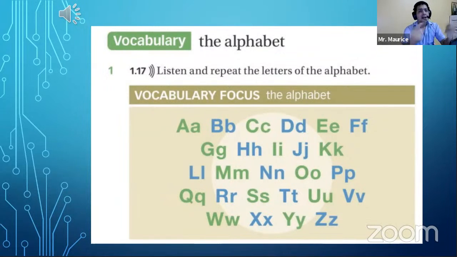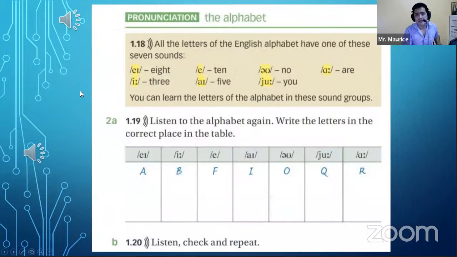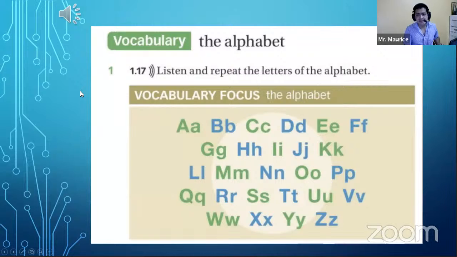As I said, our objective for today's class is to learn how we can spell a word when we don't know how to type or write it. In English, probably as Latin Americans, we don't have any idea.